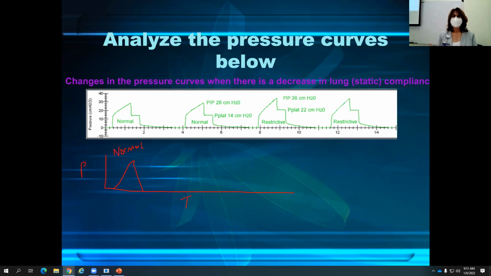So let's say a patient is going into pulmonary edema. There's a lot of capillary leakage going on. I don't know if it's septic shock, ARDS, but there's a lot of capillary leakage. Fluid is accumulating in the interstitial space. And now when we do an inspiratory hold, we noticed that a couple hours ago, it was 14. Now we're measuring it and it's 22. What happened to the patient's lungs in several hours? Maybe they're going into pulmonary edema. So when you have stiff lungs, it's called restrictive.